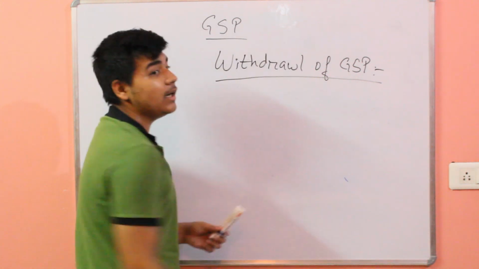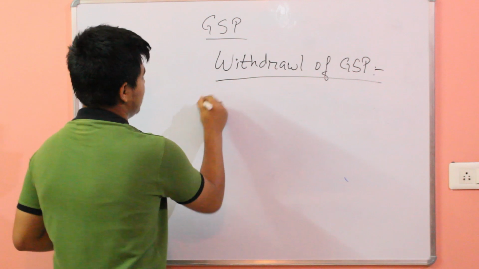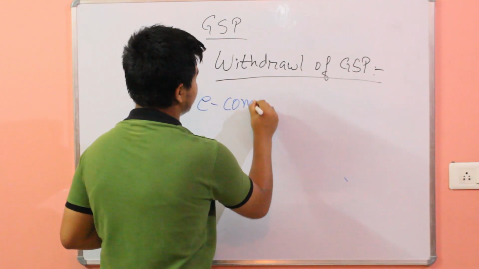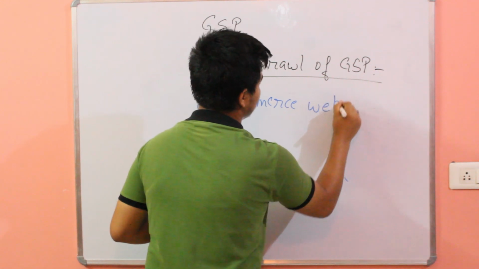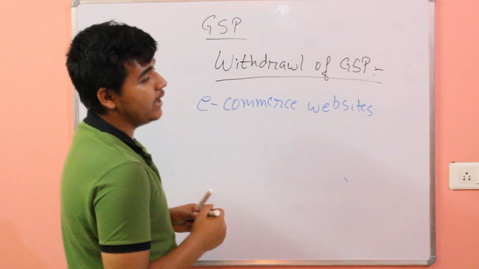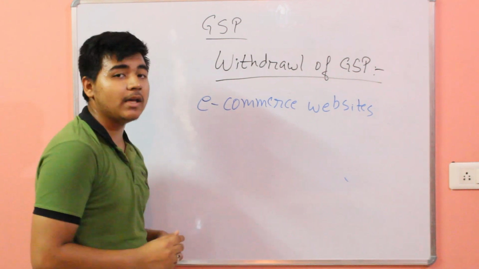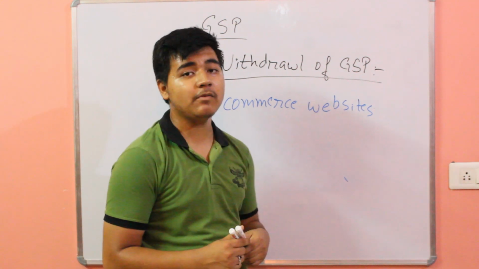Now comes the third reason for the withdrawal of GSP. The third reason was e-commerce websites. Because India started regulating the e-commerce websites also, because of that the GSP was withdrawn.